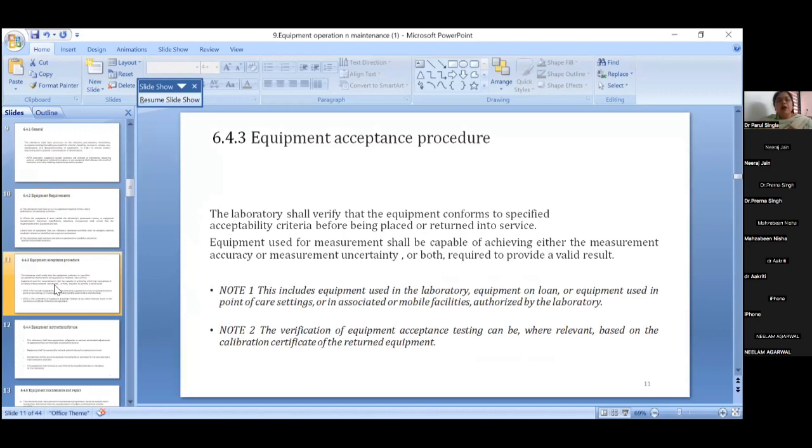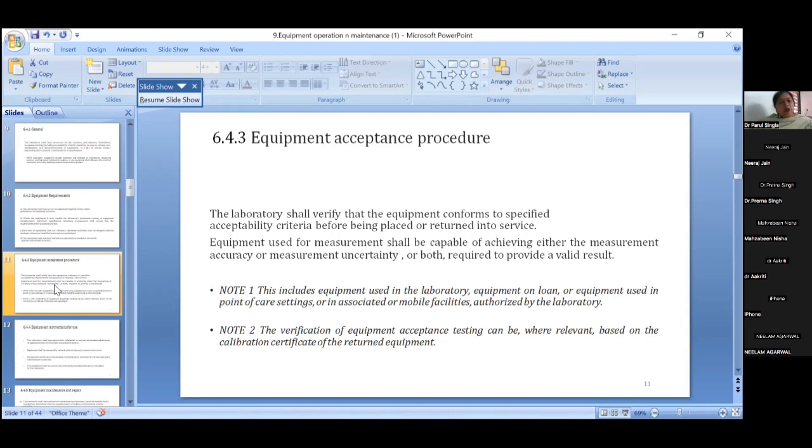If you are buying new equipment, you should ask what the pre-installation requirements are, what is required for the equipment so that it can be installed and function in an appropriate manner. For acceptability criteria, you should ask what the voltage requirements are, what the space requirements are, and how many ports are required for the UPS.